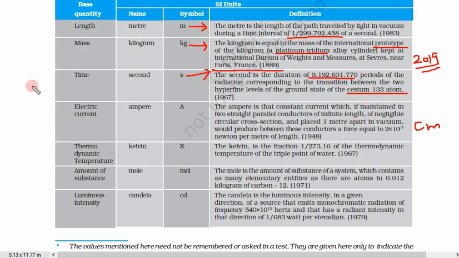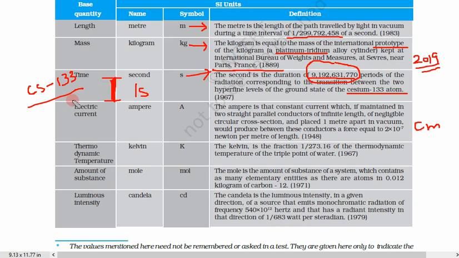We have taken a cesium atom, cesium 133. This atom vibrates 9 billion times. When this atom vibrates 9,192,631,770 times, that time is called a second.